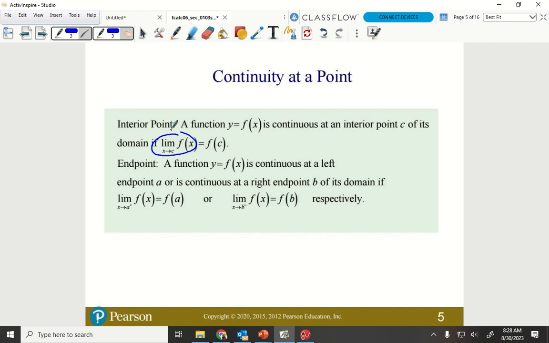Endpoint: a function is continuous at left endpoint a, or continuous at endpoint b, if it is continuous from the right at a, or from the left at b. Does that make sense or no?